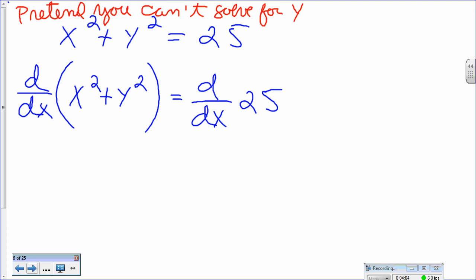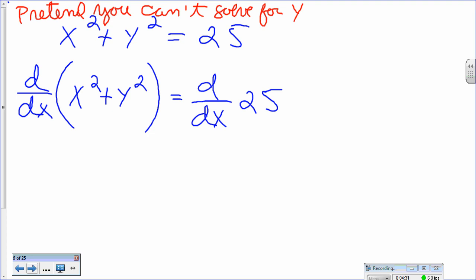That's how we find slope of a tangent line. I'm going to take the derivative of this side, and the derivative of that side. Kind of like simple algebra. If you do something to one side, you got to do it to the other side. I'm going to say this a bunch of times. Y is a function, not a variable. X in this problem is a variable.